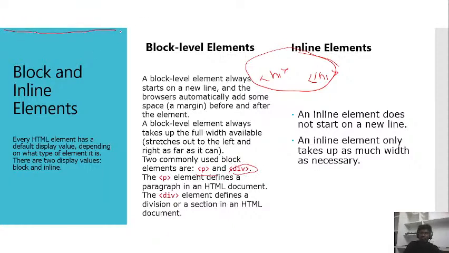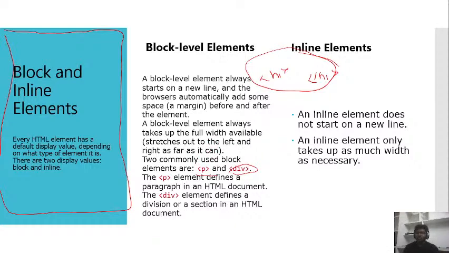This highlighted blue color is one division, so for this division it's one block. These are the block level elements. A block level element always starts on a new line, and the browser automatically adds some space, a margin, before and after the element. It always takes up the full width available and stretches out to the left and the right as far as it can.